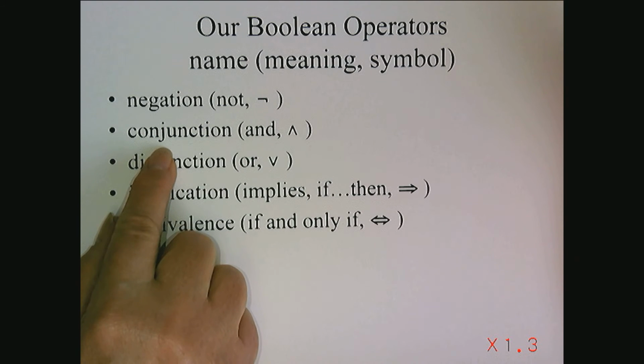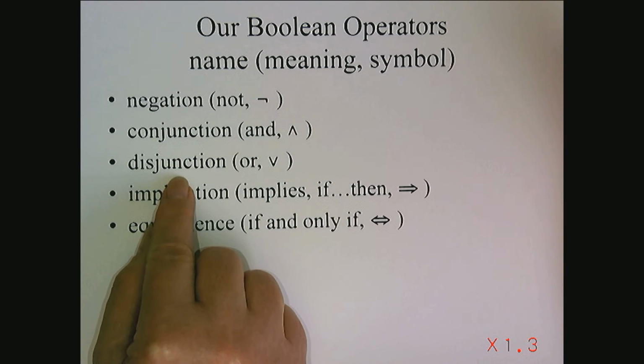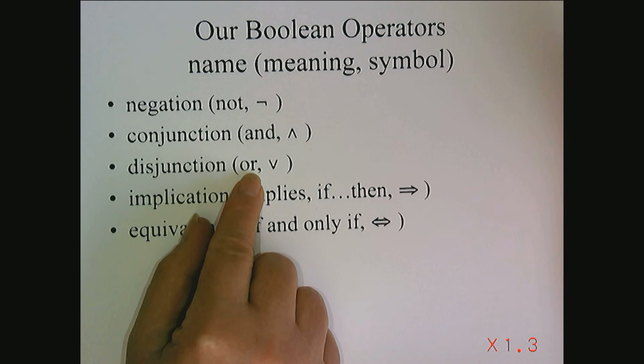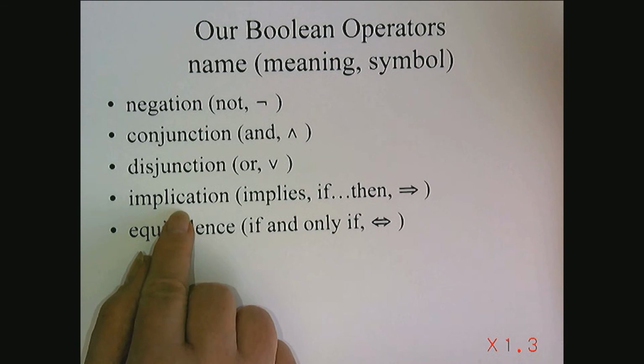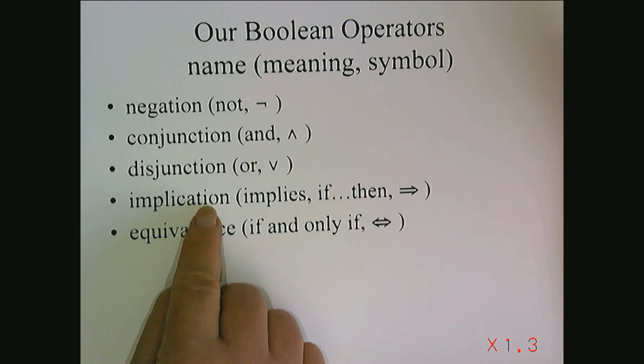Then we'll look at conjunction, which joins two propositions with the English word and. We'll look at the operator disjunction, which connects using or. We'll look at implications. It means implies. So if one proposition implies another proposition, it's an implication.